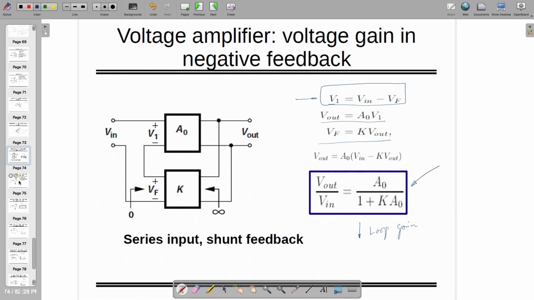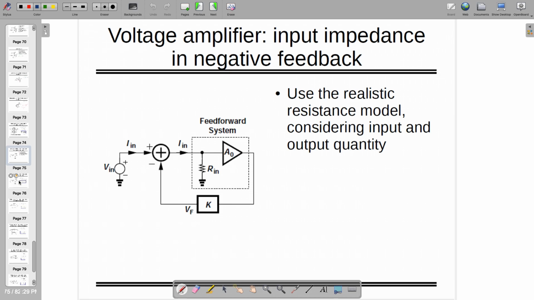Now look at the other aspect where we want to measure the input impedance in a negative feedback. So then you can add the input resistance over here with A0. So this is the realistic model where this is in shunt with the infinite impedance. If you remember our previous lectures, where we keep the resistance in shunt.